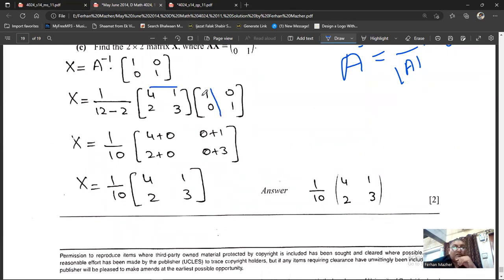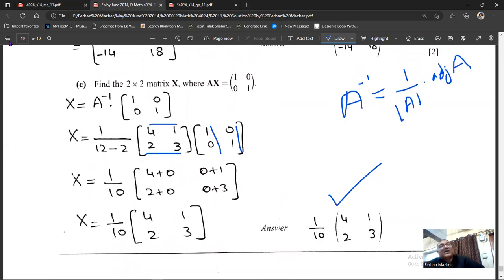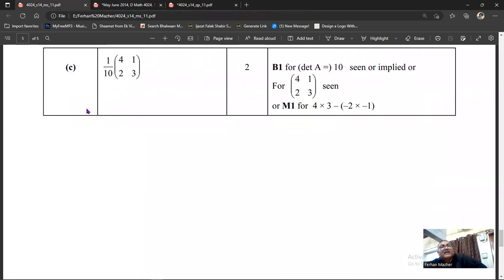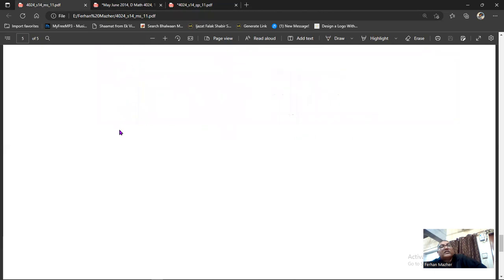So 4 plus 0, then it will multiply with this row, with this column, sorry. 0 plus 1, then this row will multiply. 2 plus 0 and 0 plus 3. So it will be [4, 1; 2, 3]. 1 by 10 is outside. So this is my answer. This is the value of X. Let's check. And this is 1 by 10, [4, 1; 2, 3].